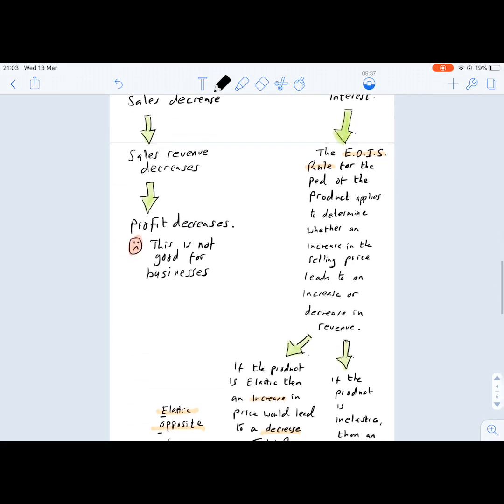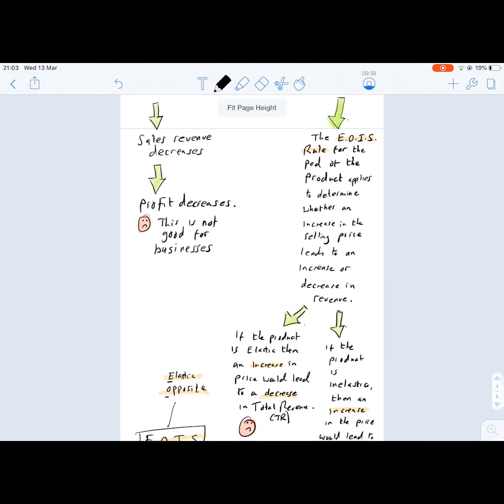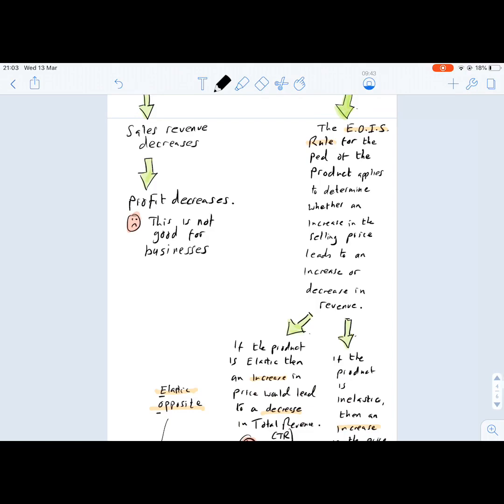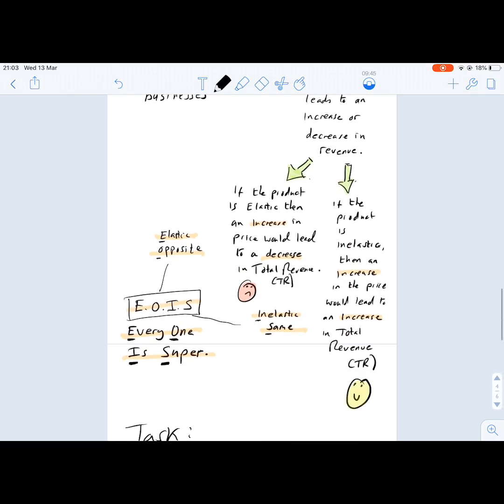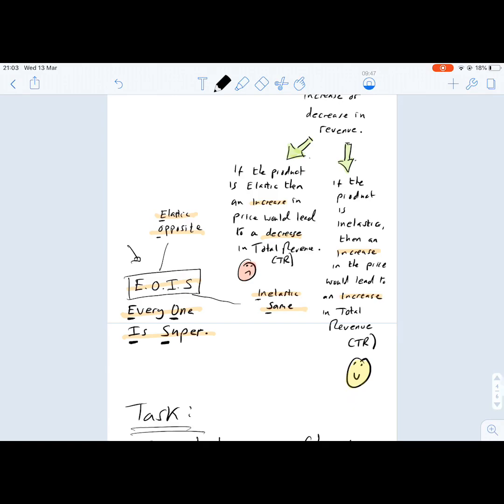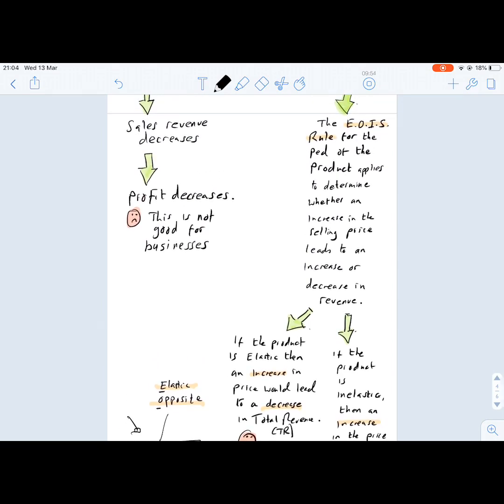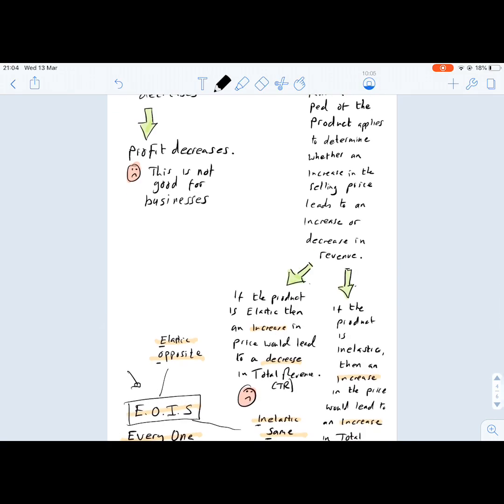Right, now we've got a great evaluation point here. This is where we can look at the EOIS argument. Everyone is super. If you look down here, this is the way to remember that everyone is super. So what we mean by this, the price elasticity of the product applies to determine whether an increase in the selling price would lead to an increase or decrease in revenue.